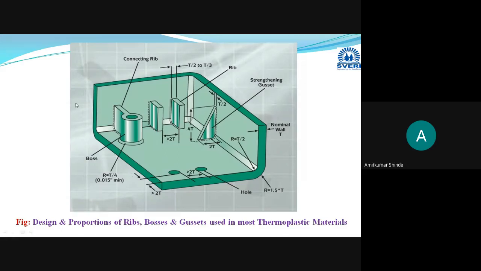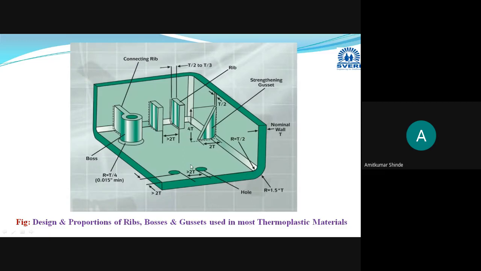So I will repeat it again. This part is the rib. This hollow cylindrical portion will be termed as a boss. And this triangular supporting portion is termed as the gusset. And these are the radius or fillets, or you can say the corners. These are the holes.